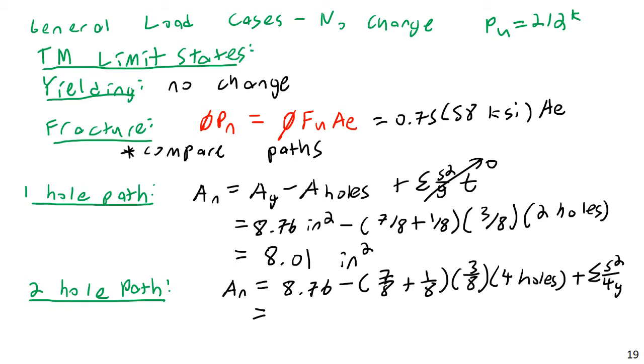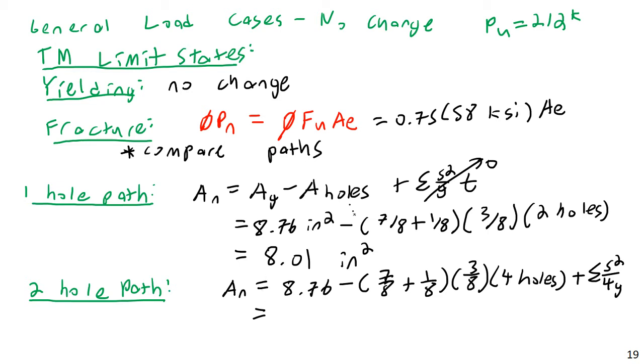So 3/8 times 4, just checking some of my numbers here. 8.76 minus 1.5, plus, so let's just see what that's like. 1.26 and plus 0.225. All right, I just had to double check something.